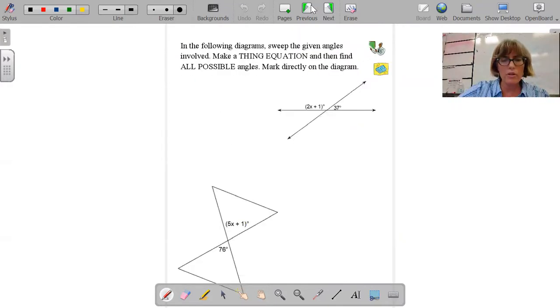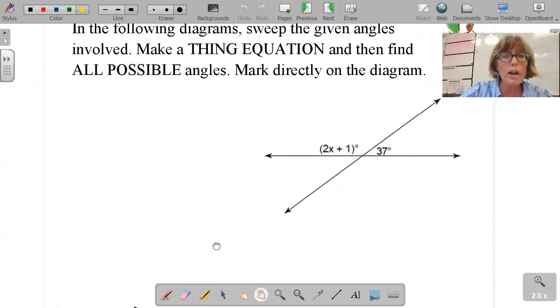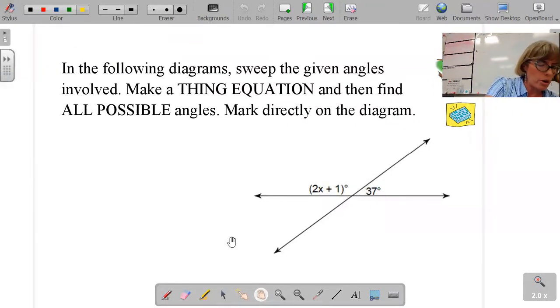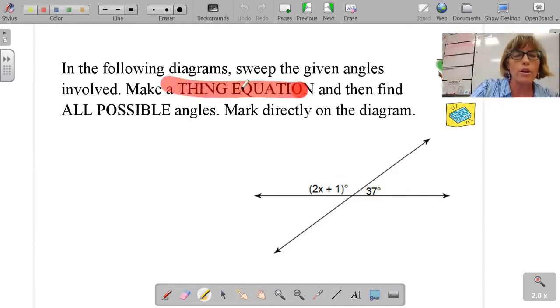This last page, let's do this one together. Now we're going to show how to use these properties to solve for unknowns. So right here, we're going to make an equation. That's very important. And then find all possible angles.